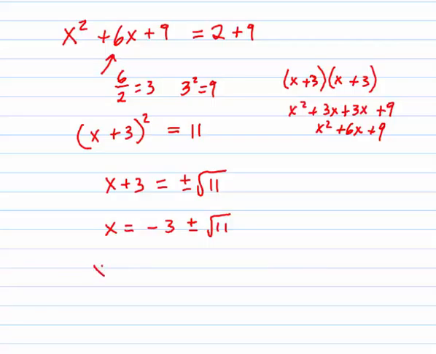So we have two answers. x is equal to minus 3 minus square root of 11, and x is equal to minus 3 plus square root of 11. This is a negative number, and this one's positive because the square root of 11 is a little bit above 3, right? Square root of 9 is 3, so it's positive. Two numbers, and there we go.